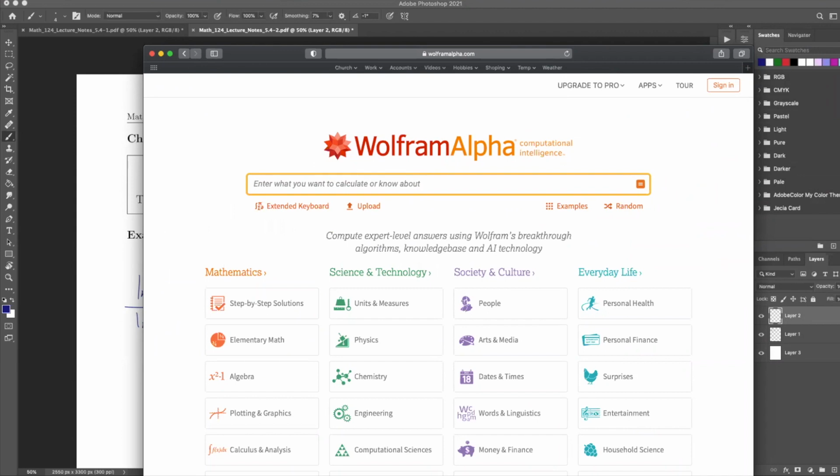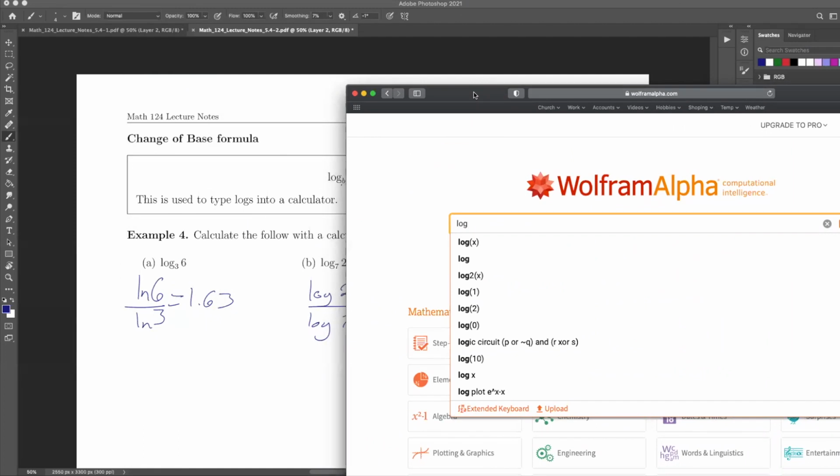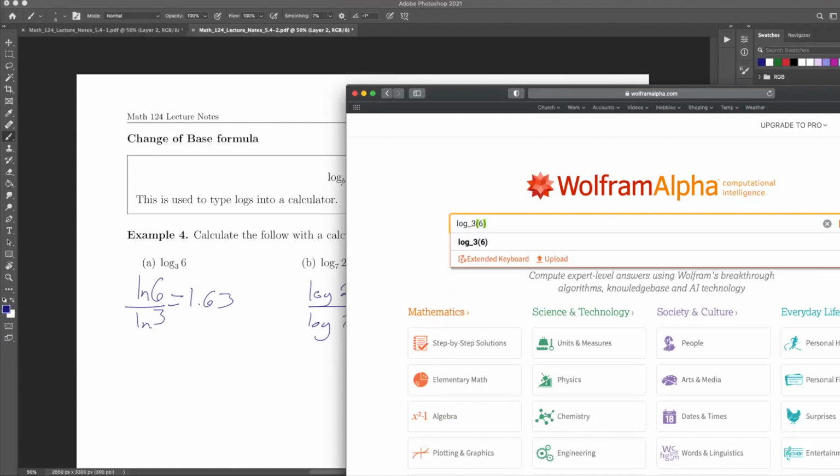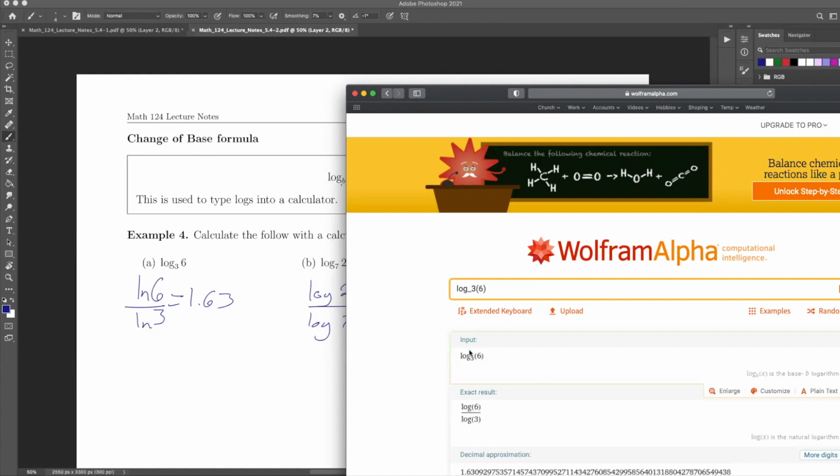And so here, let's just type in each of these logs real quick. We'll type in log base 3. You do shift minus, which gives you the underscore 3. Then you put in parentheses 6, and it shows you that you've actually typed it in correctly.